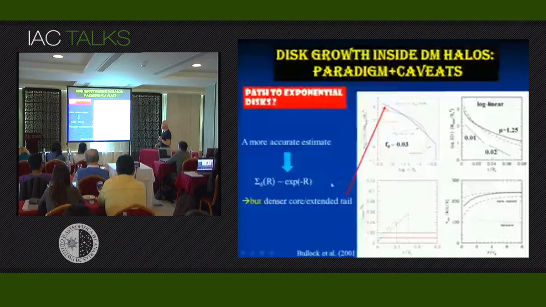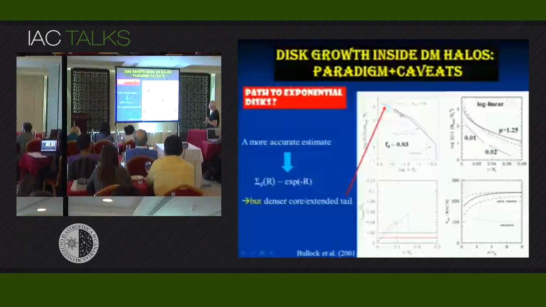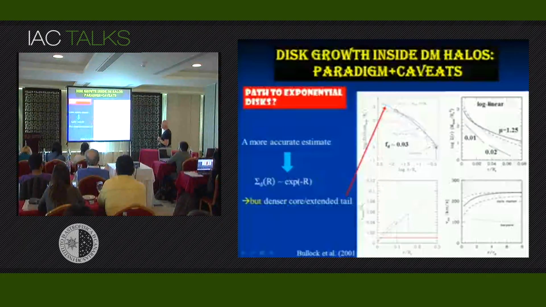If you do a more careful calculation from conserving the angular momentum of baryons, then you actually arrive at a distribution which is given here by this thick line. Don't pay attention to this cutoff, because that's just because the system has a finite radius, so it's artificial. The exponential disk is here, this thin solid line. So what do you see here?